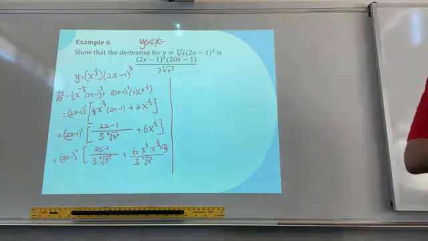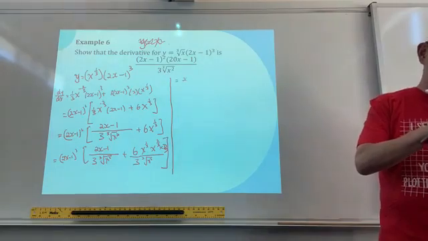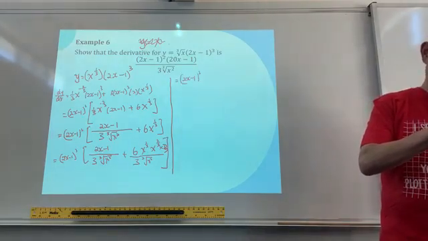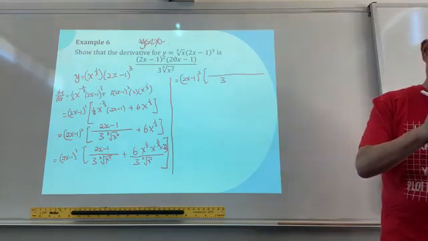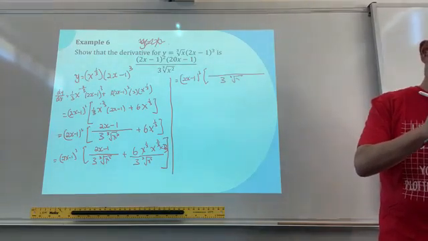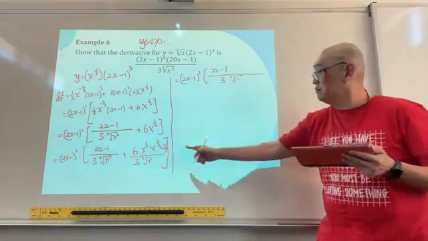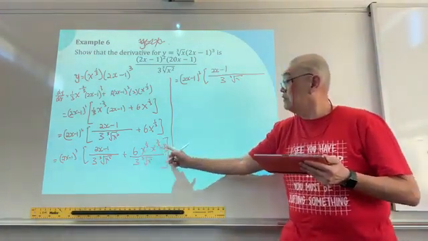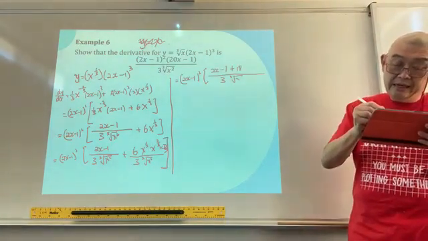Right? So therefore, I now have 2x minus 1 squared. Here, I can write it as a common denominator, cube root of x squared, 2x minus 1. So that is x, 3 times 6 is plus 18x.